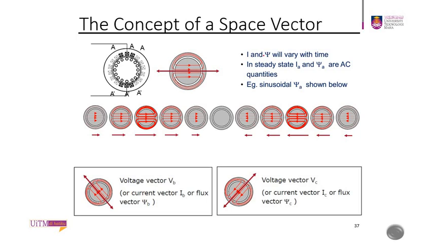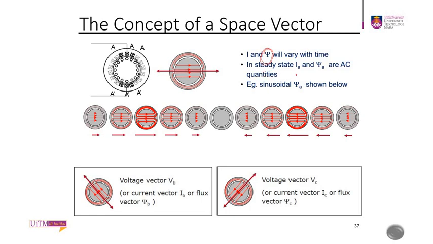The current, the MMF and the flux will vary with time. Since the source is sinusoidal, you have a current peak and a negative peak, and so on. So of course, the current will produce the flux, and it will vary with time. Later on we'll see.